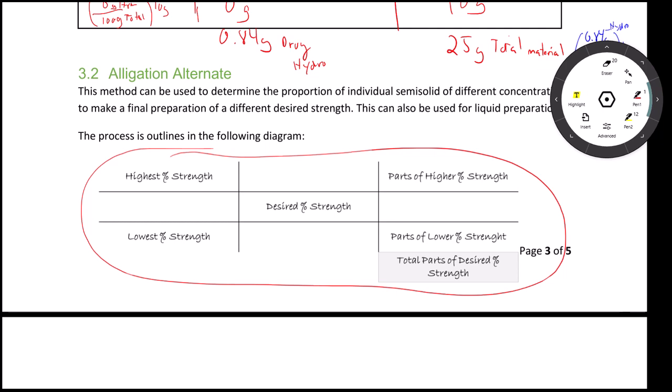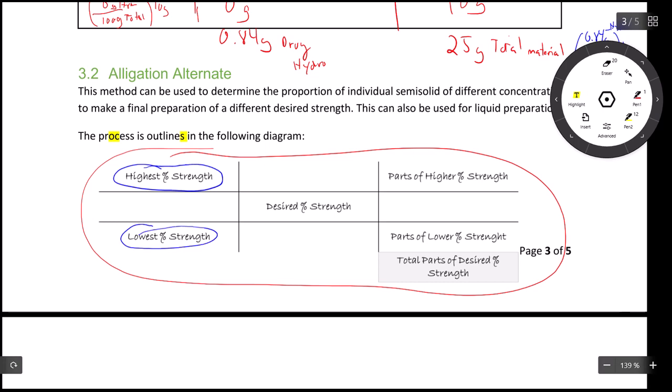So you make your tic-tac-toe board, and on the top left here, you put the highest strength of the material you have. So if you have a cream that's a 5% and a cream that's a 10%, you put the highest percent there. You put the lowest percent there. And in the middle, you have the amount that you're looking for.